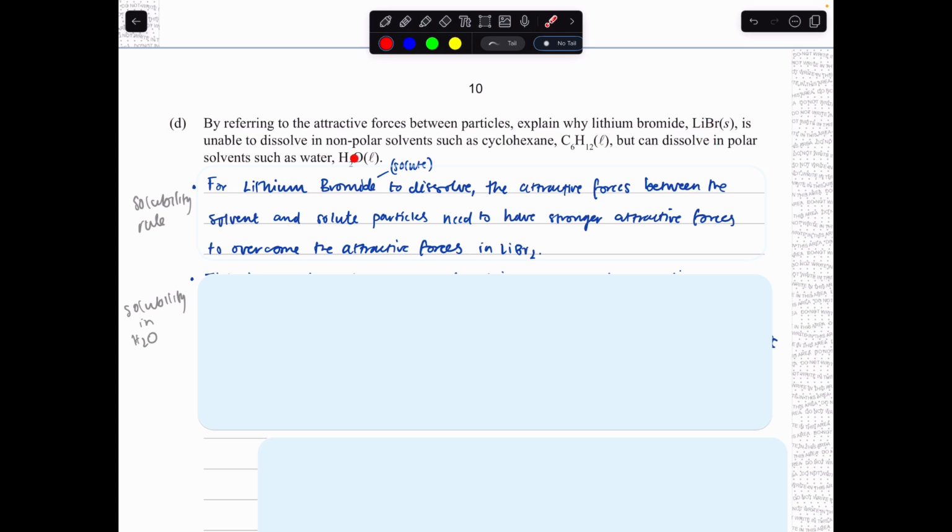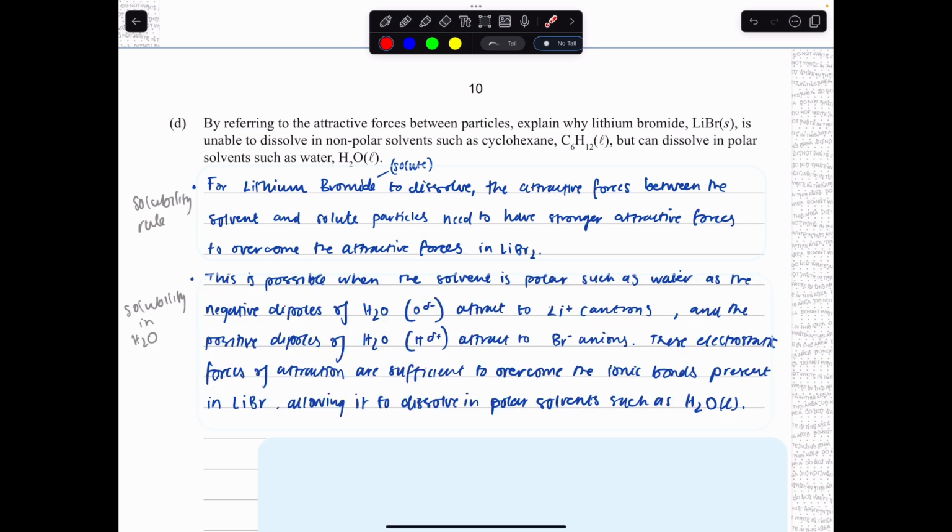So the forces between H2O and lithium bromide have to be stronger than the forces inside of lithium bromide. This needs to be broken apart, and that's only possible if the forces of attraction between these two things are strong enough. Okay, so this is possible when the solvent is polar, such as water.